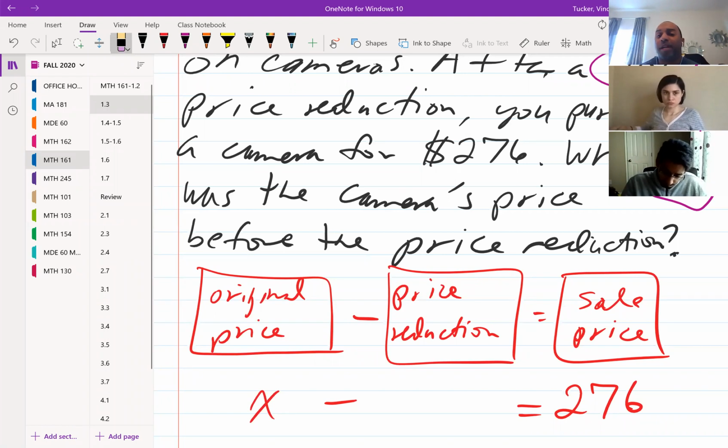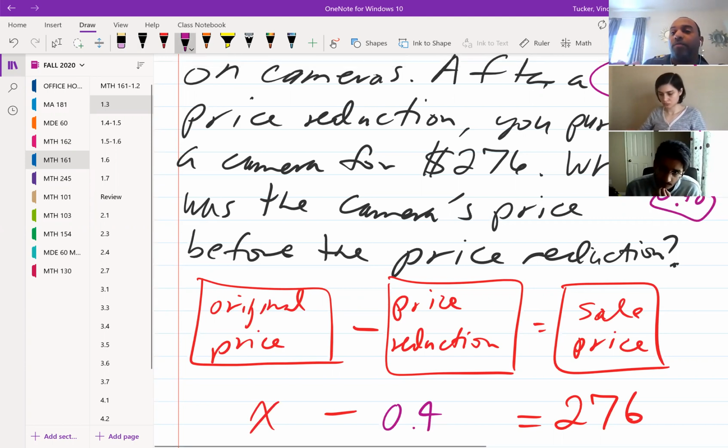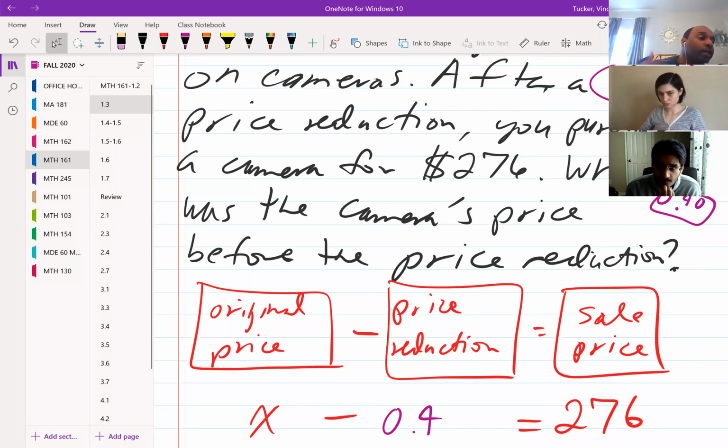A lot of people make a mistake here. They will put 0.4 right here. But we have to first recognize that 40% you convert to a decimal, you do your calculation, but it does not stand alone. You're doing 40% of something, and of mathematically means multiplication. But what you don't want to do is take 40% of 276.